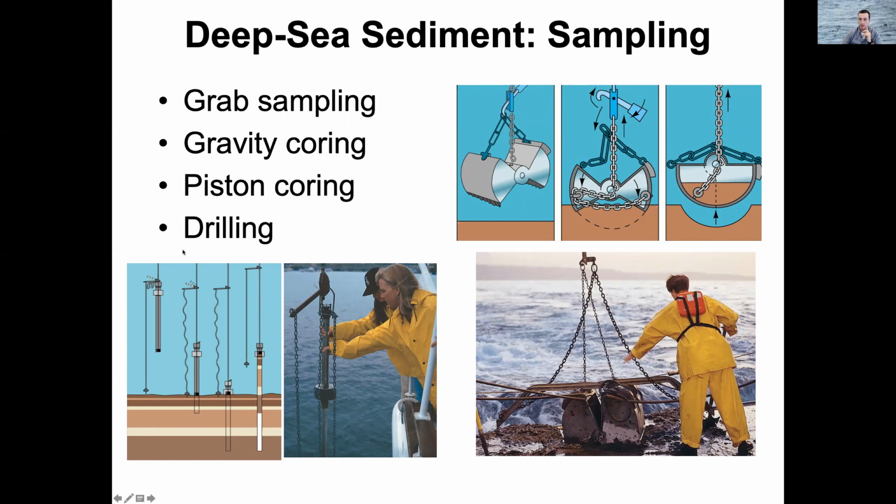And so these piston cores are essentially large cylinders that are lowered down. Once they get close to the ocean floor, you release a weight. This weight, when it hits the ocean floor, relieves the tension, and that lets the core fall down and plunge into the sediment with the weight of the core.